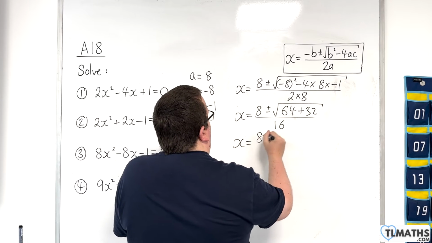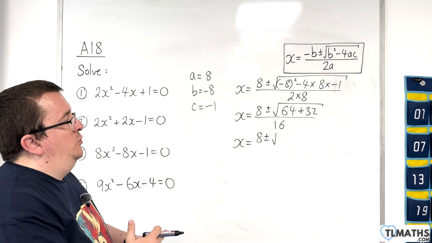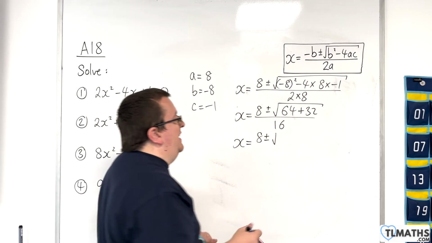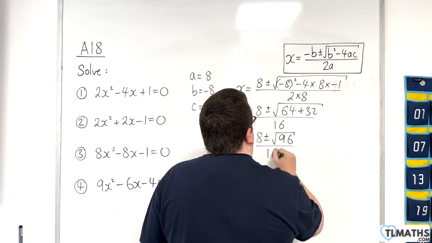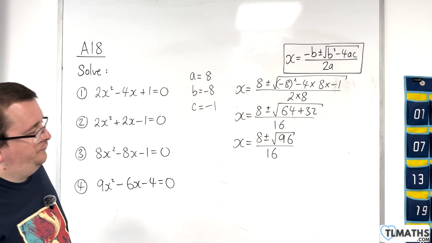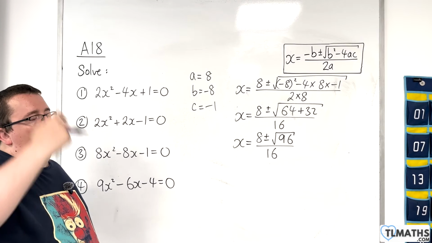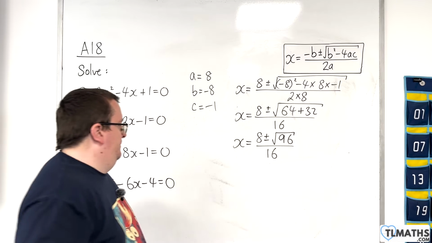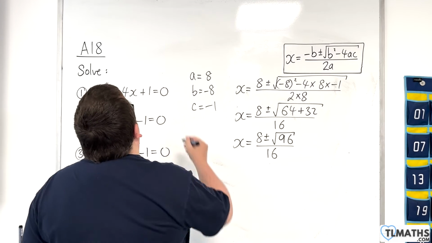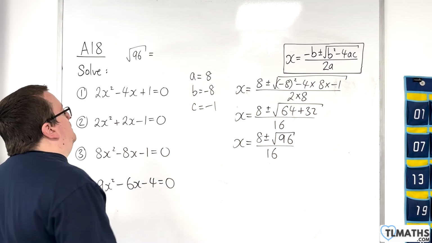So x is equal to 8 plus or minus the square root of, now 64 plus 32 is 96, over 16. Okay, now, can we simplify root 96? I believe we can. So, root 96.